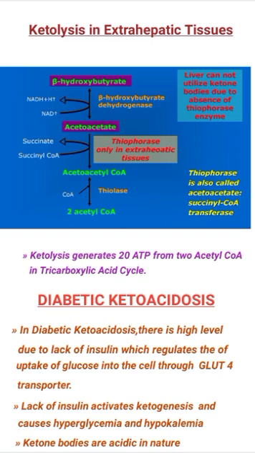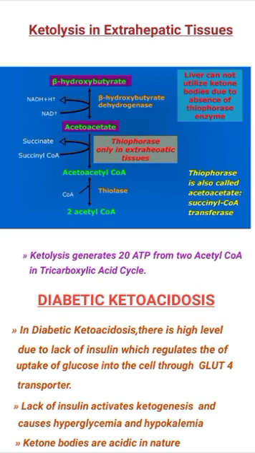The brain relies solely upon glucose or glycolysis and ketone bodies. The brain cannot use fatty acids. The brain can only use glycolysis and ketone bodies to produce energy. So this process is very important for organs like the brain.